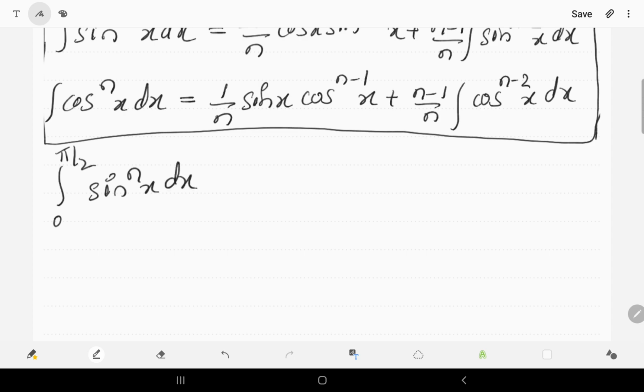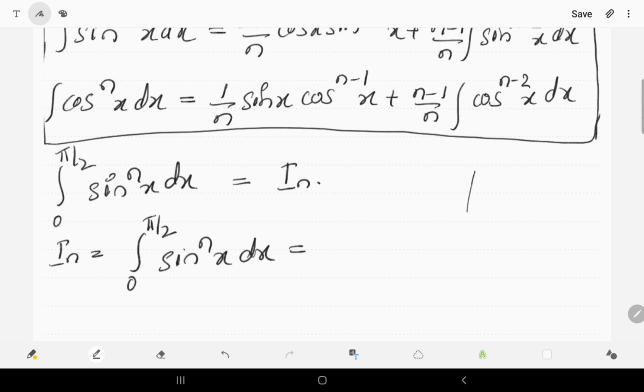Now consider this as I_n. So I_n is equal to the integration of 0 to pi by 2 sin raised to n x dx.